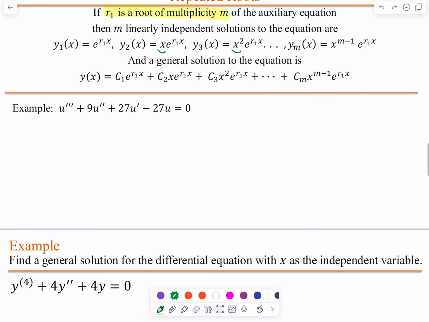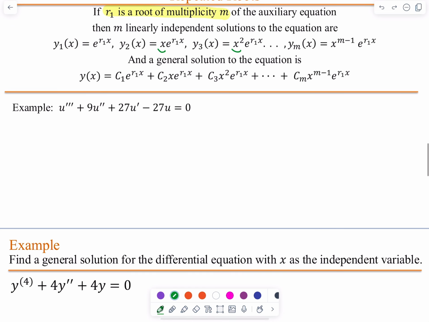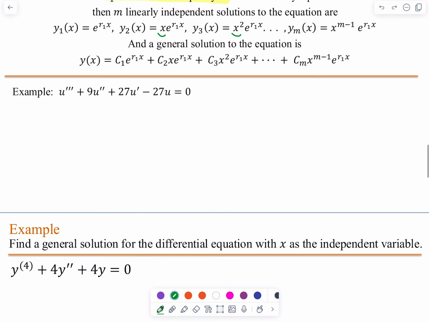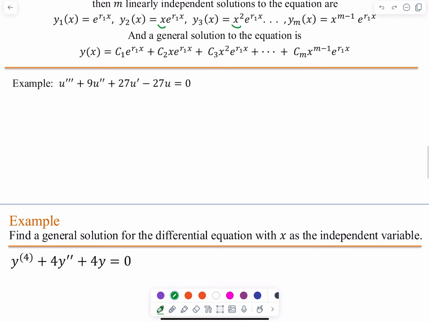Let's take a look at an example with repeated roots. We have u triple prime plus 9u double prime plus 27u prime minus 27u is equal to 0. Let's go ahead and write our auxiliary equation. So we have r cubed plus, let's go ahead and change this to a minus. Let me cross that out, and we will change that to a minus.